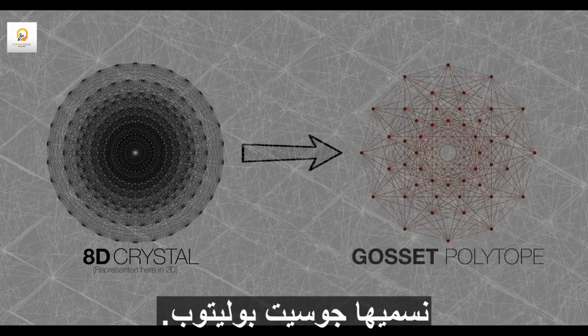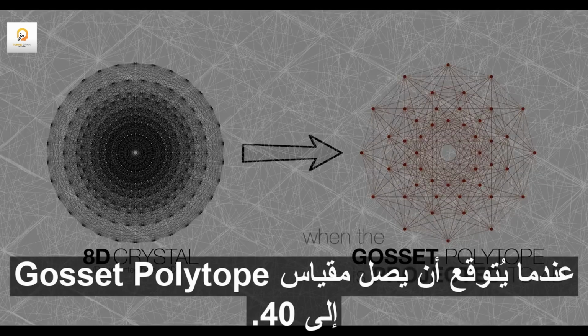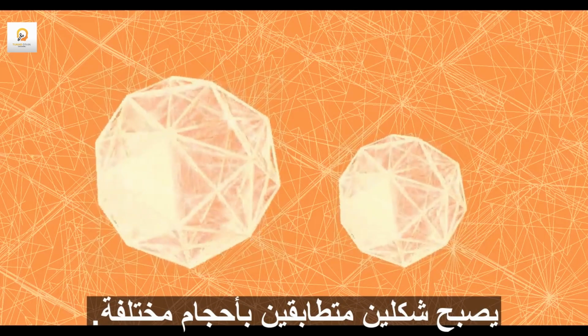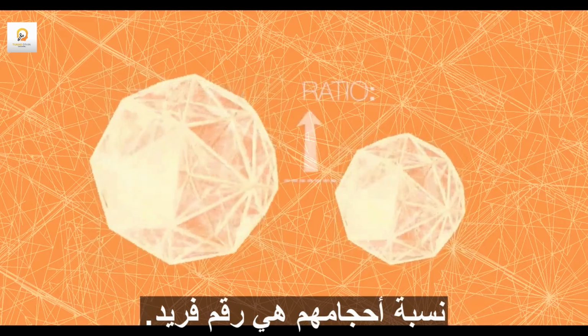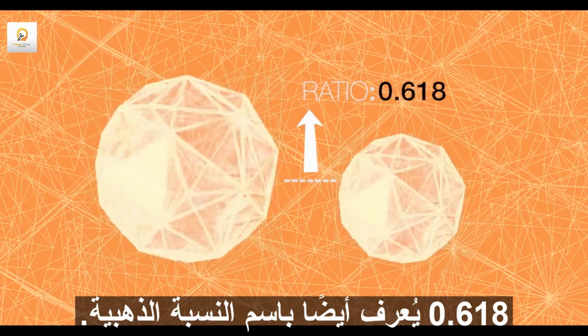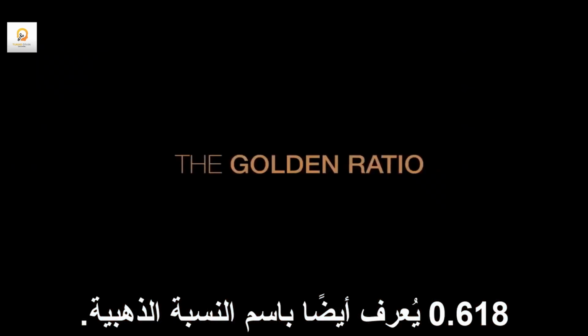We call it the Gaussian polytope. When the Gaussian polytope is projected to 4D, it becomes two identical shapes of different sizes. The ratio of their sizes is a unique number, 0.618, also known as the golden ratio.